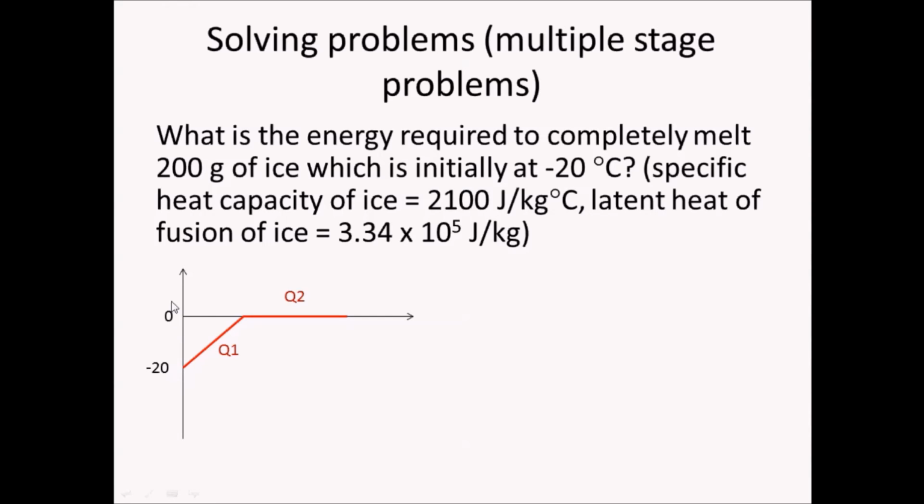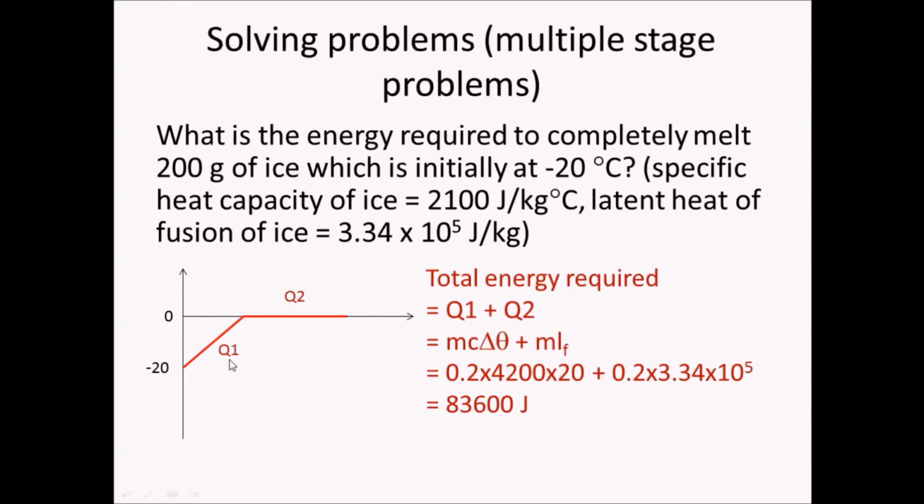So the change in temperature in the first case is 20 degrees, and this is a heat capacity portion. For the second part, when it melts, it is a latent heat portion. So you know there are two stages using different formulas. Once you know this, you can safely apply the formulas of these two stages, MC delta theta and MLF, to solve the question, which is 3,600 joules.